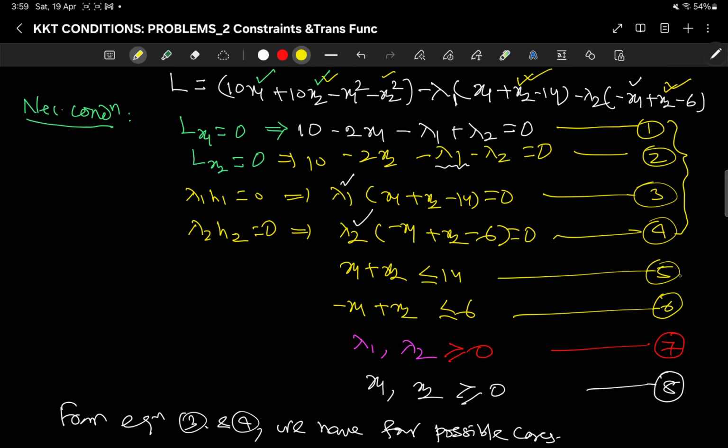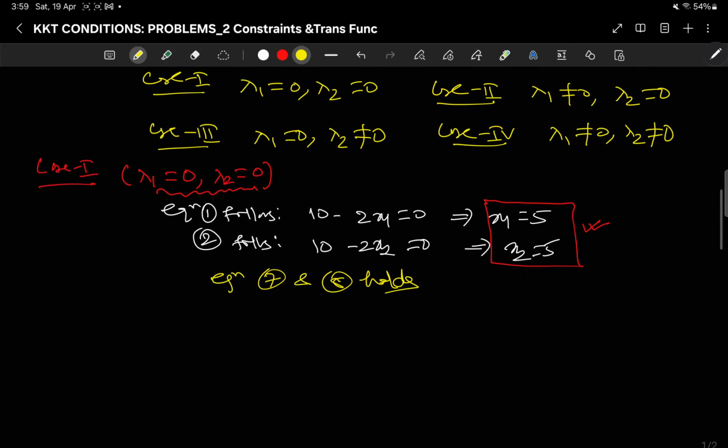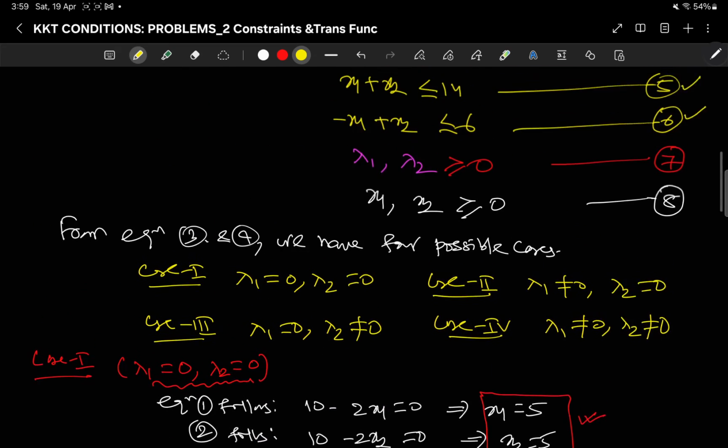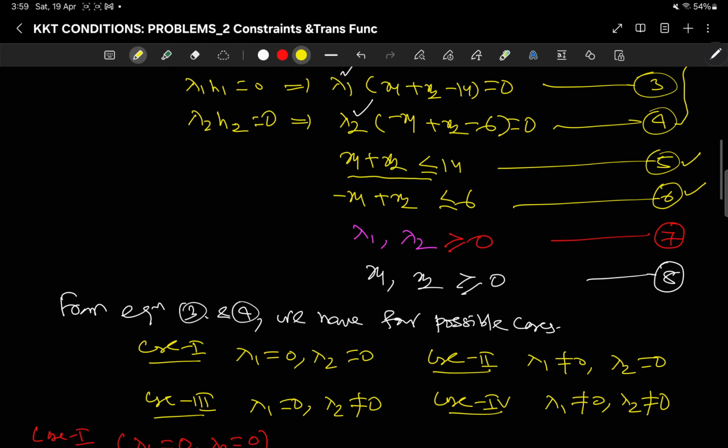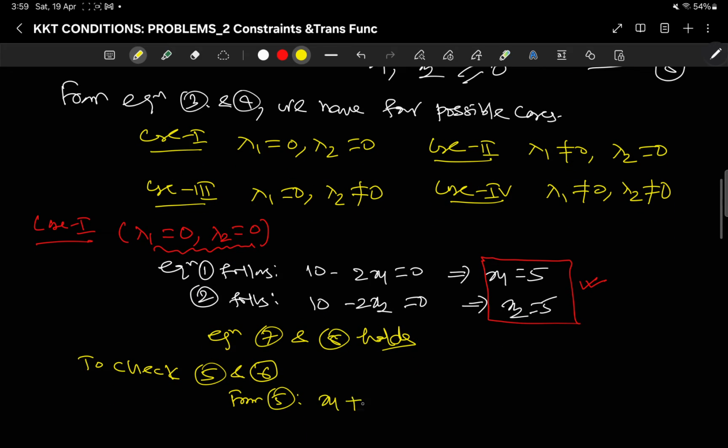Only thing we have to check is 5 and 6. From 5, x1 plus x2 is equal to 5 plus 5, which is less than or equal to 14.